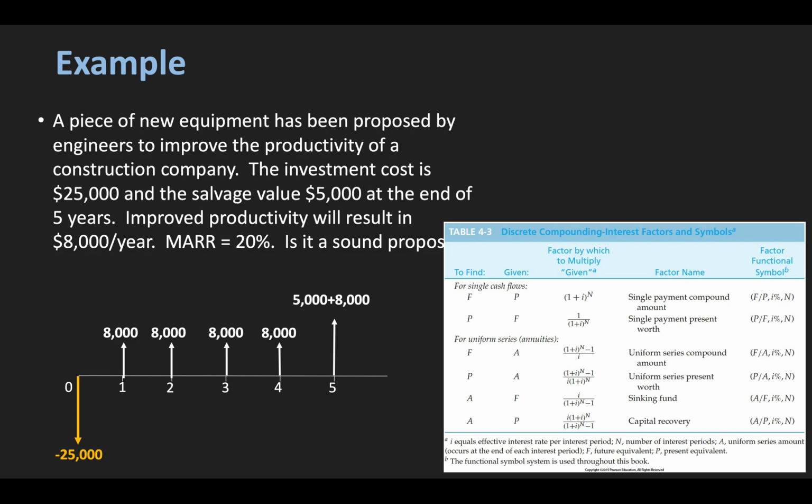Now you want to make sure this is higher than that. So the question is, is this a sound proposal or not?